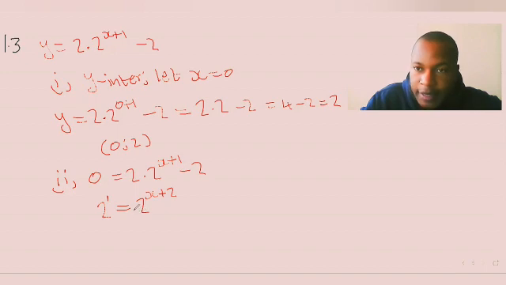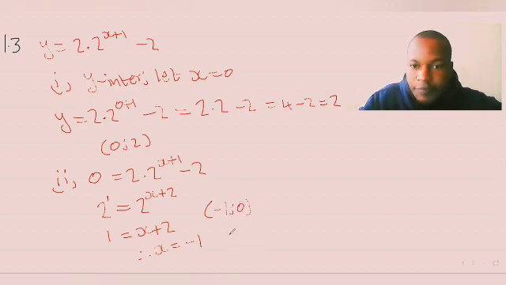Since we have the same base, we can ignore the base. So we just have 1 equals x plus 2. Therefore, x would equal -1. So we can rewrite the coordinates of the x-intercept as (-1; 0).